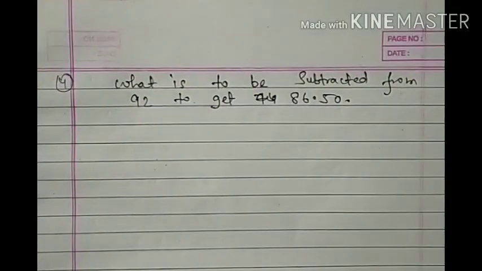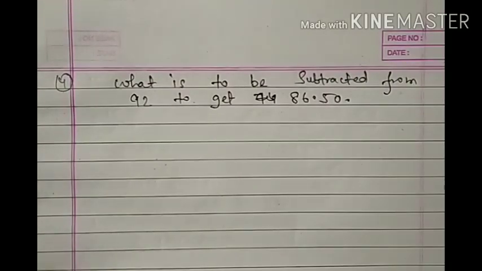This is our answer. This is our question. What is to be subtracted from 92 to get 86.50? So let's start on it.